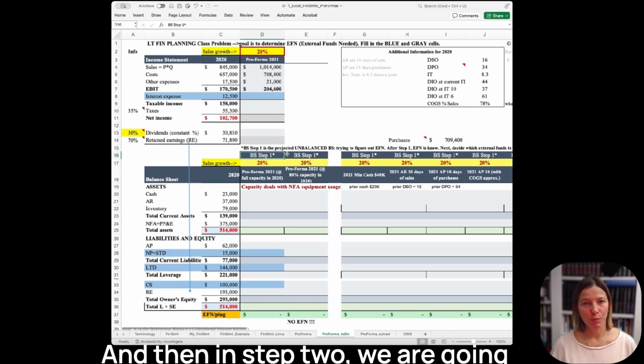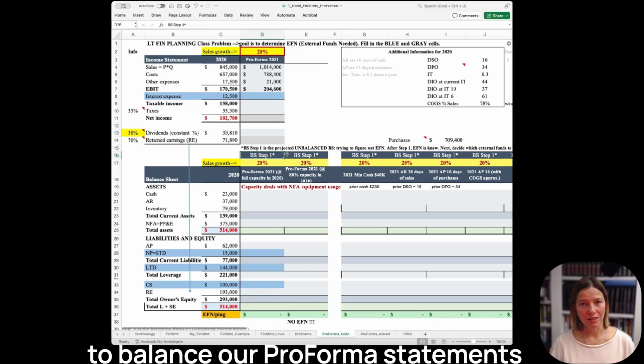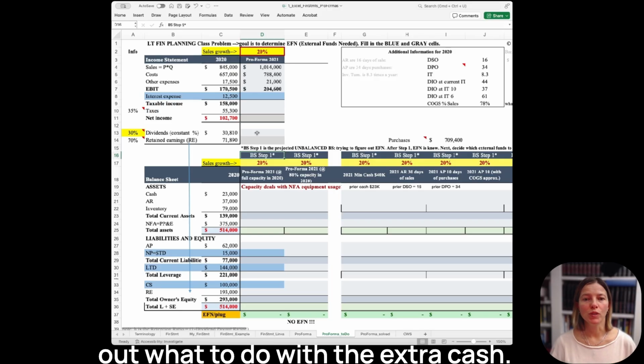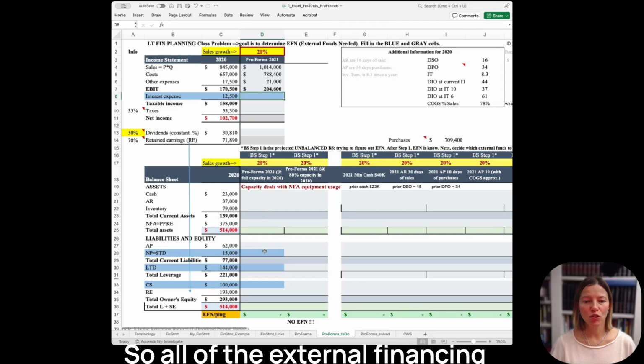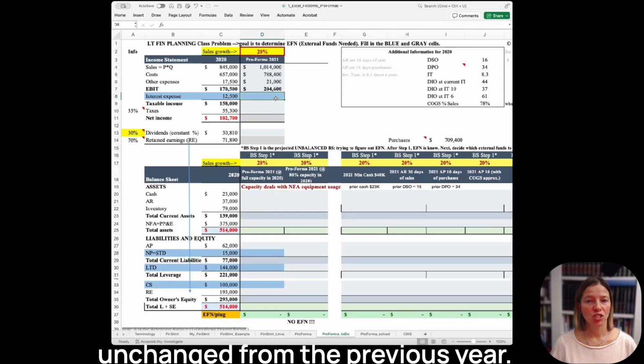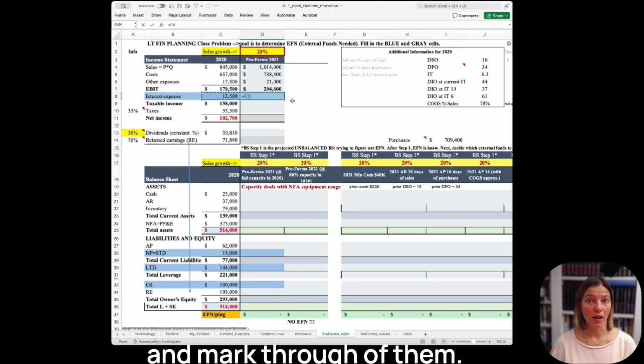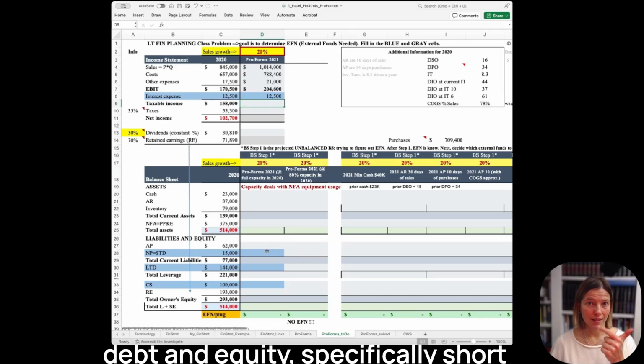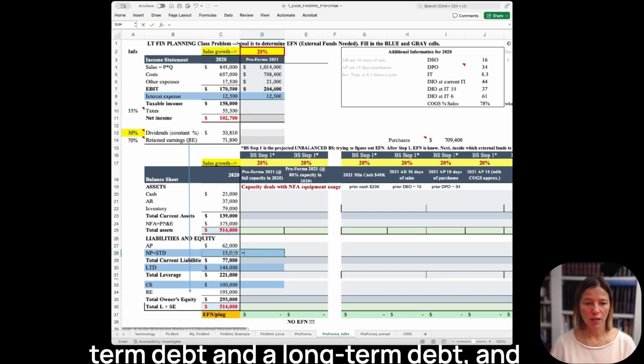And then in step two, we're going to balance our pro forma statements and either borrow money or figure out what to do with the extra cash. So all of the external financing accounts are going to stay unchanged from the previous year. So I'm going to go ahead and mark through all of them. Interest expense is one of them. My external financing accounts are debt and equity, specifically short-term debt and long-term debt.